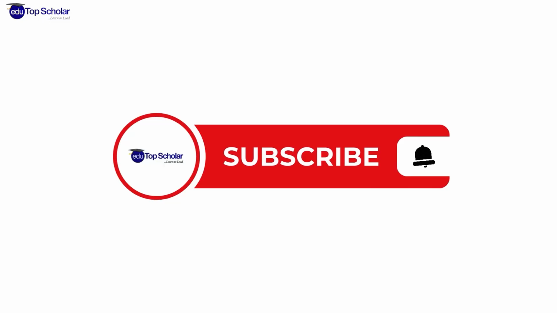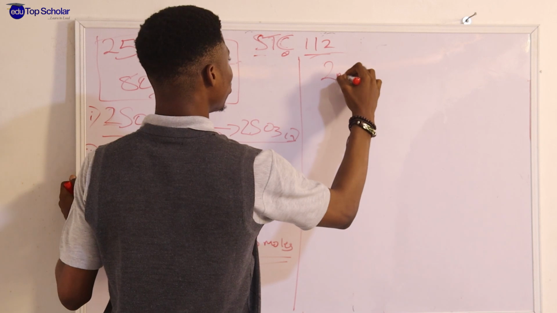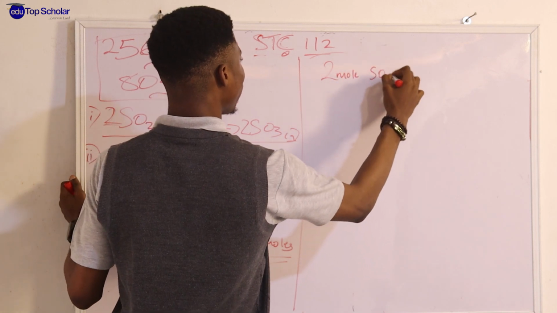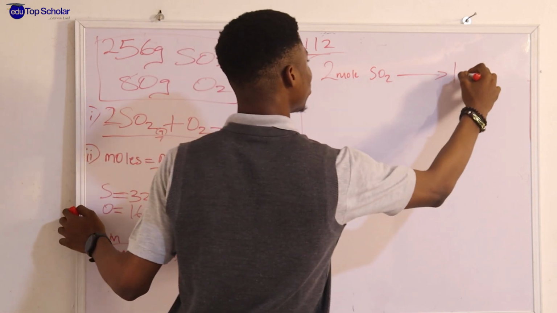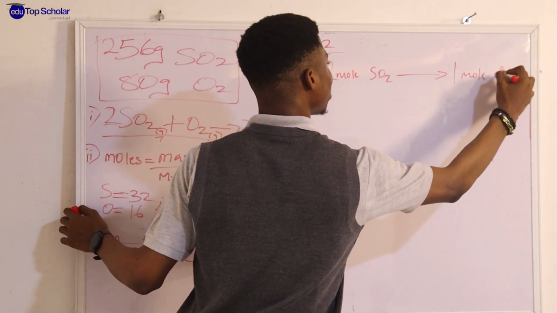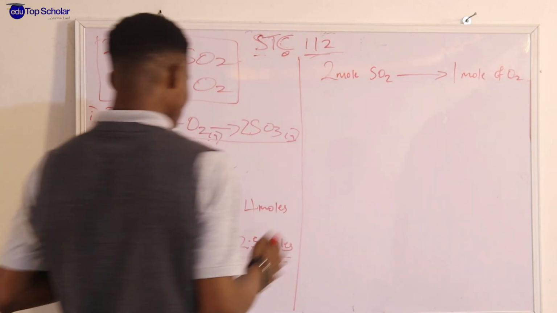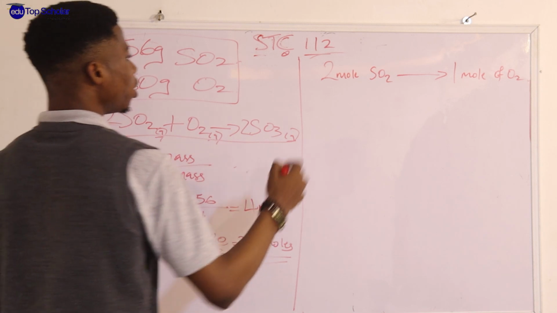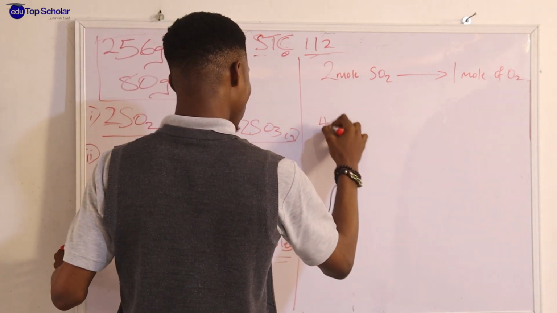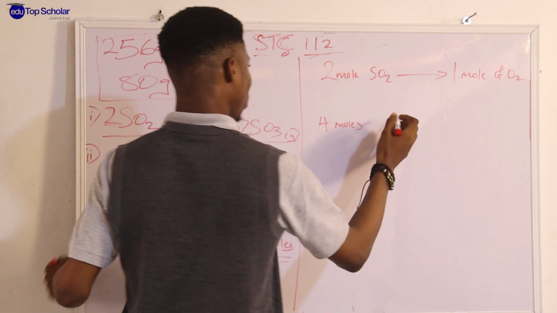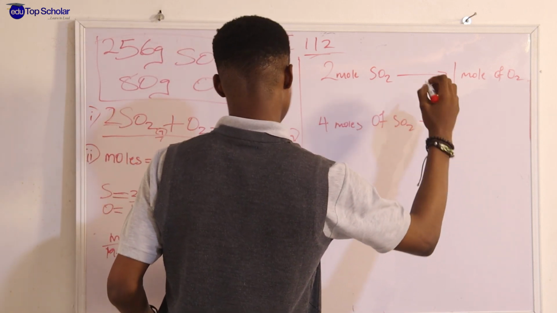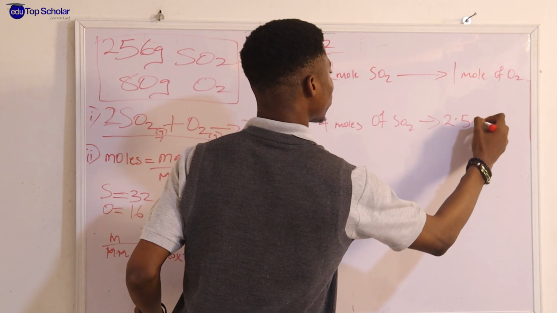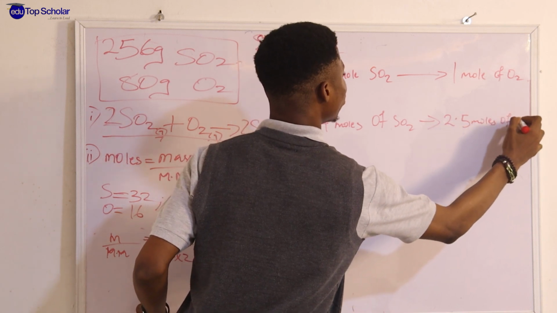So how are we going to do that? According to the equation, 2 moles of SO2 require 1 mole of oxygen, O2. The question says 4 moles of SO2 reacted with 2.5 moles of O2.